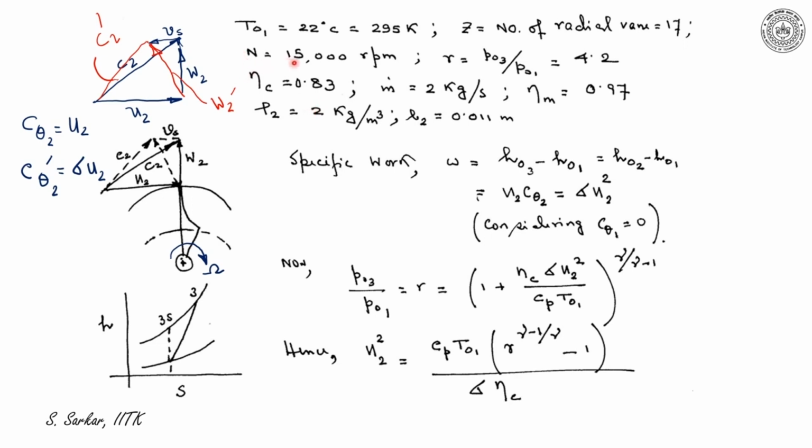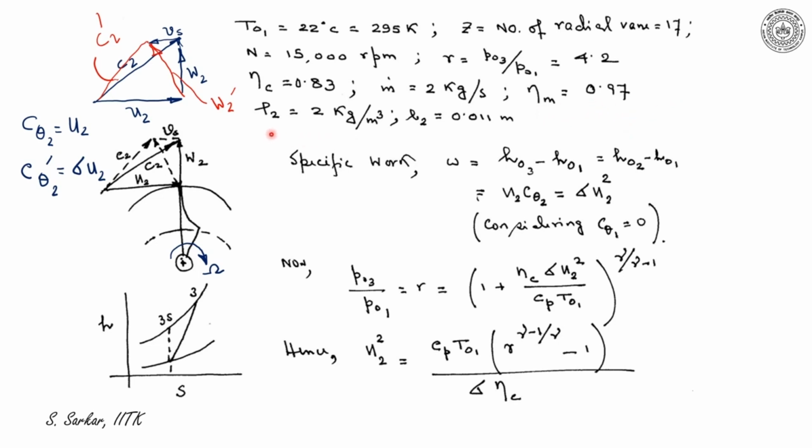N is equal to 15,000 RPM, that is rotational speed. R, that is total pressure ratio, P03 by P01, is equal to 4.2. Isentropic efficiency, eta C, is equal to 0.83.